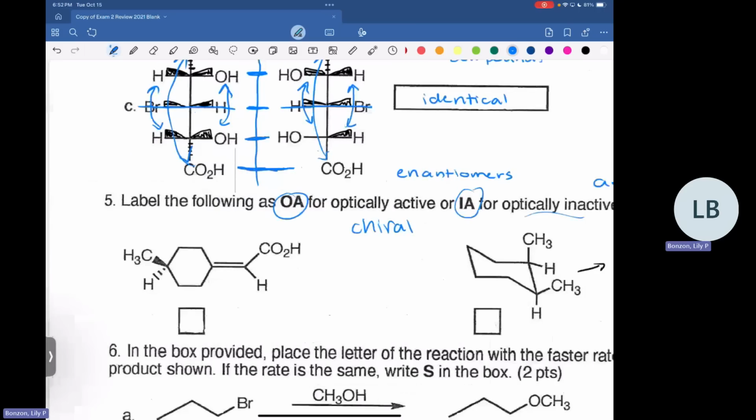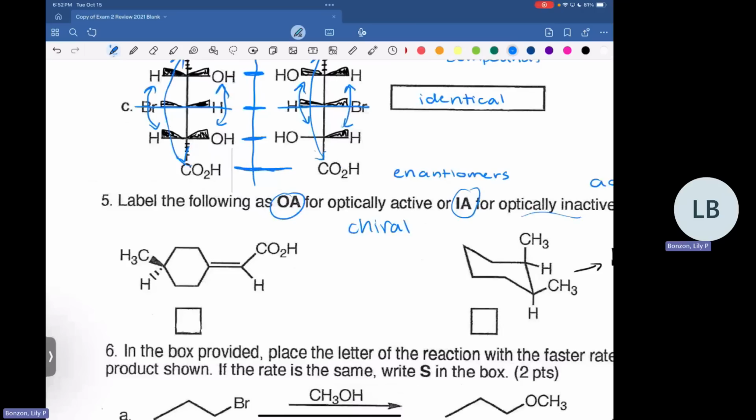So for this first one, we have a double bond. And remember for double bonds that it's planar. So when we're looking at this structure, the double bond is going to be in one plane, and then the cyclohexane is going to be forced in that same plane because it's attached to the double bond.